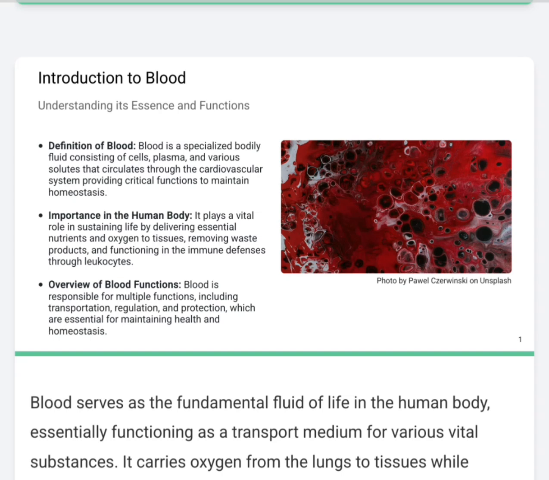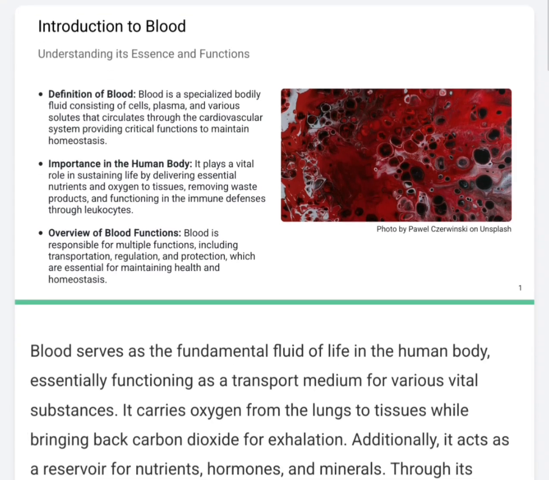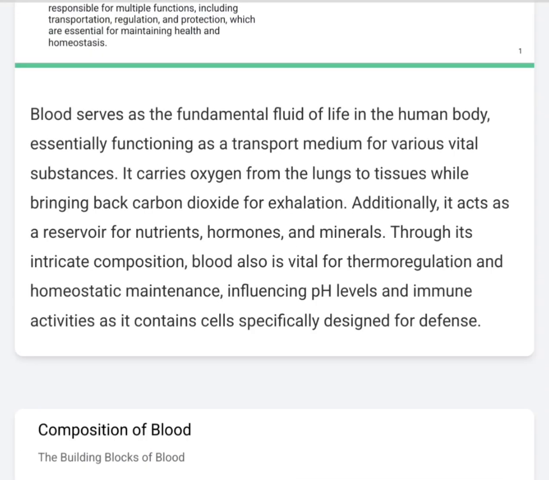Overview of body functions. Blood is responsible for multiple functions including transportation, regulation and protection, which are essential for maintaining health and homeostasis. Blood serves as the fundamental fluid of life in the human body, essentially functioning as a transport medium for various vital substances.